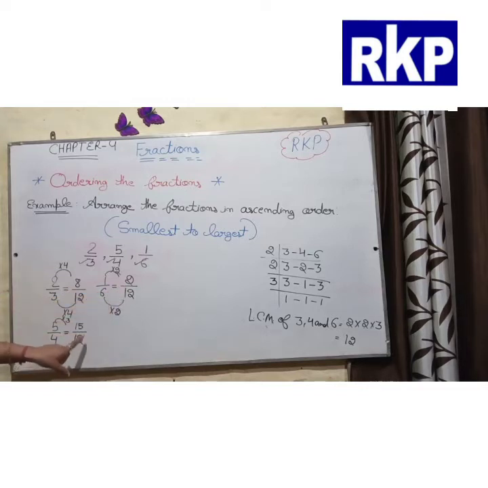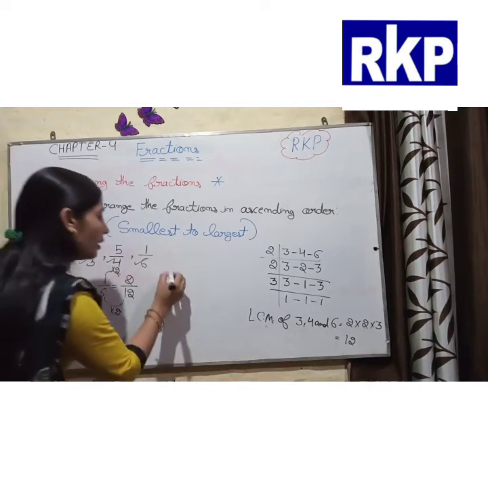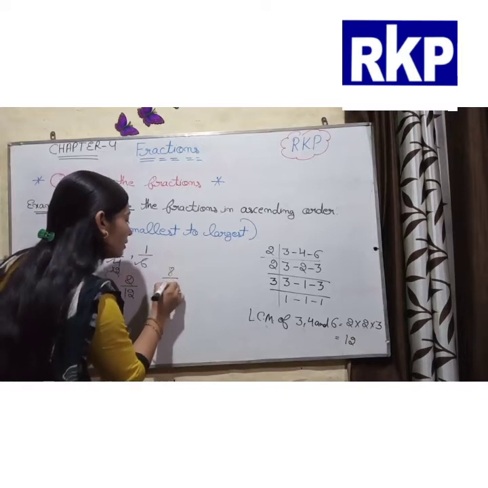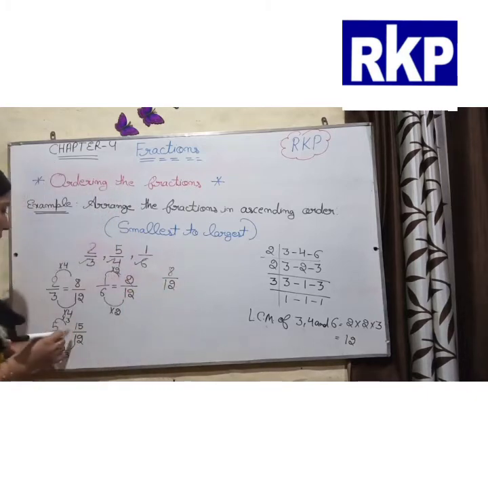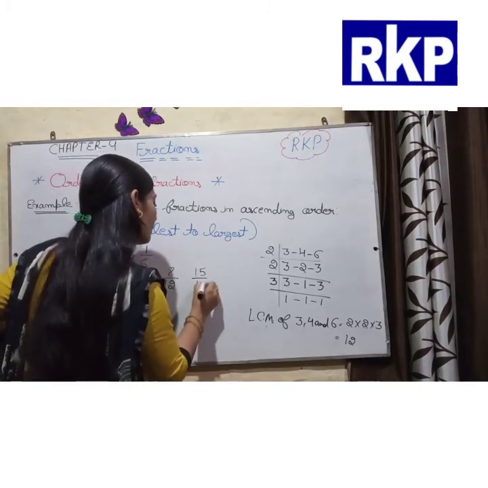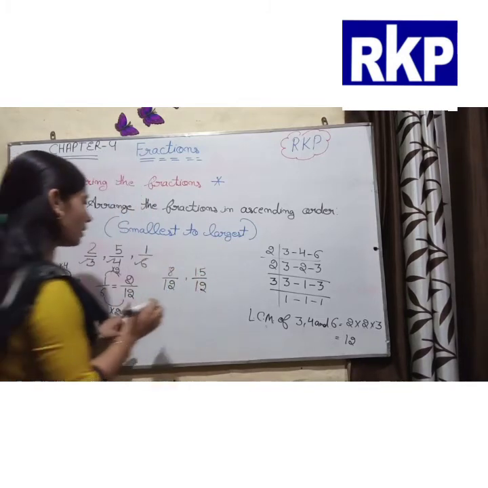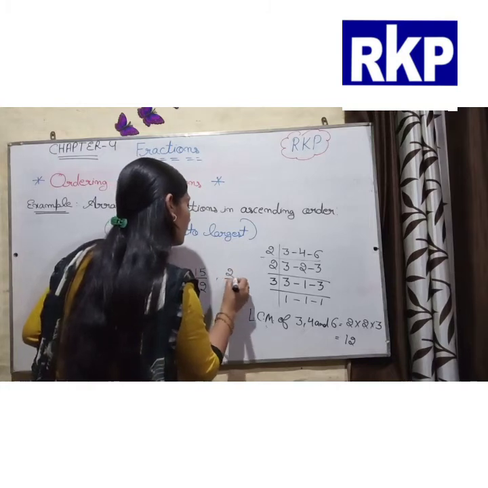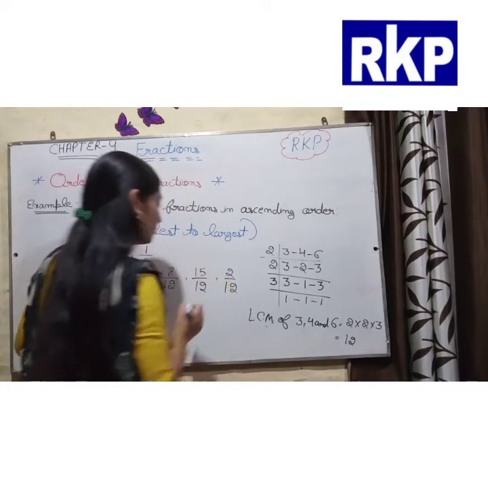Now we can compare easily because now these are like fractions. So write these fractions here. Write here 8 by 12, 15 by 12 and 2 by 12.